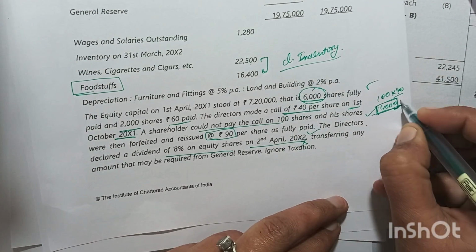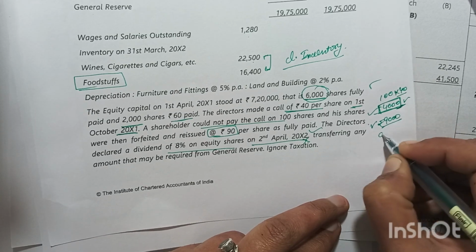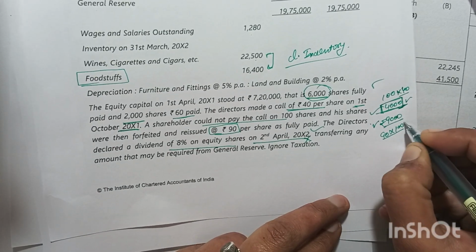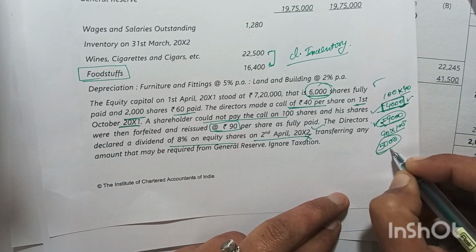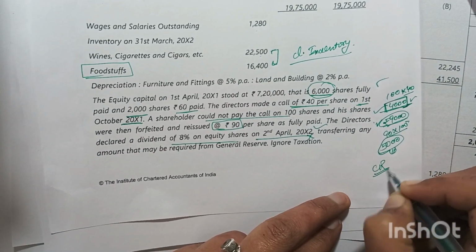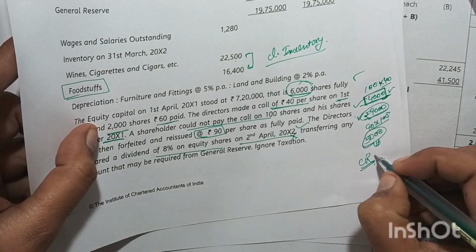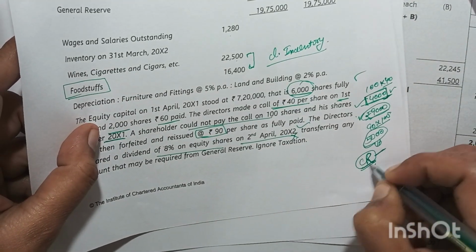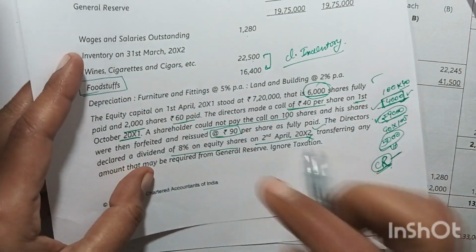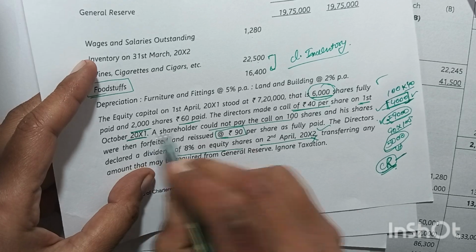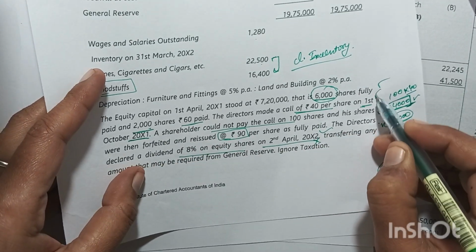They should have received 4,000, but they have received rupees 9,000, that is 90 into 100 shares. So the benefit is 5,000, and this benefit will go to capital reserves, or the general reserve, but generally it goes to capital reserves. So this is the total adjustment, because the capital total is 8,000 shares, 6,000 and 2,000, because they have made the last call of 40 rupees.